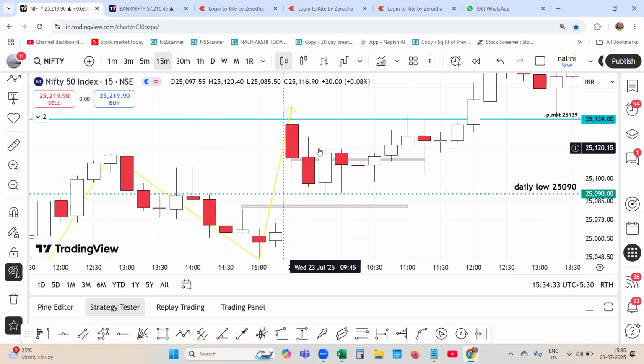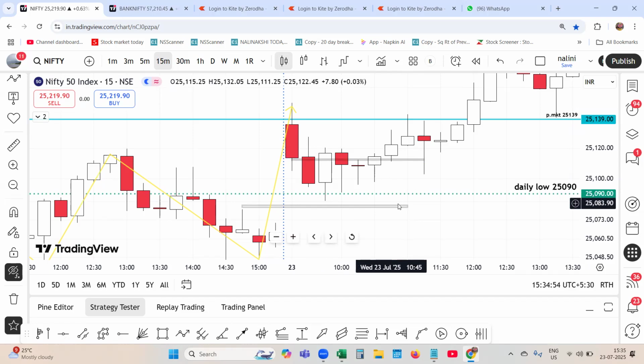Later, the price action was still a lower high, and the next candle tried to trap these buyers and finally closed low. So this is the process which happens in the market, in the price action.